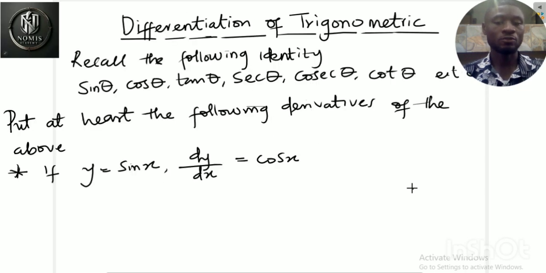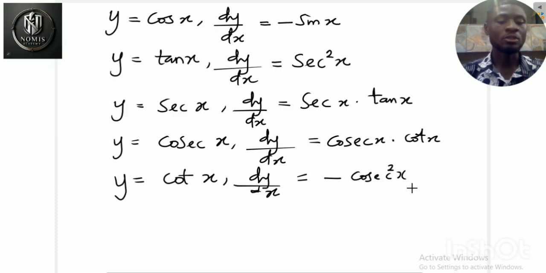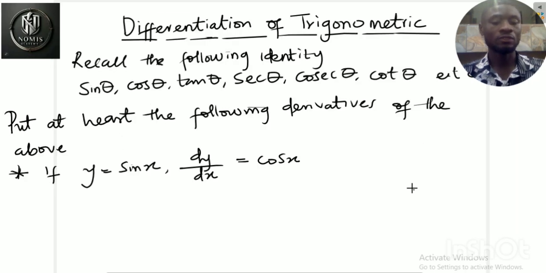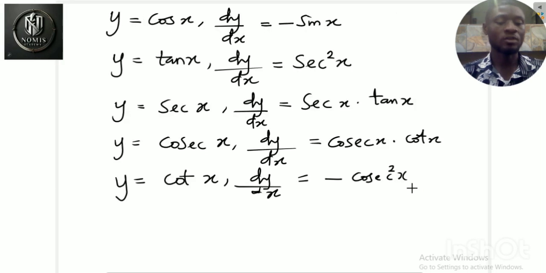Related to the first one, if you differentiate sine x, you will have positive cos x, but if you differentiate cos x, you are going to have a negative sine x. So differentiate sine x, you have cos x. Differentiate cos x, you have minus sine x.